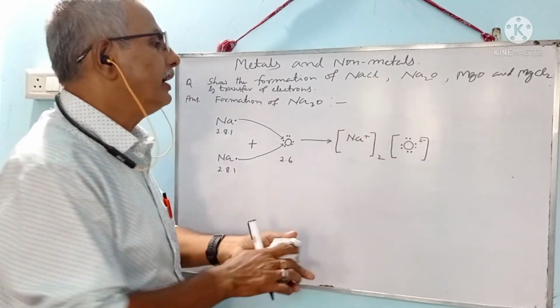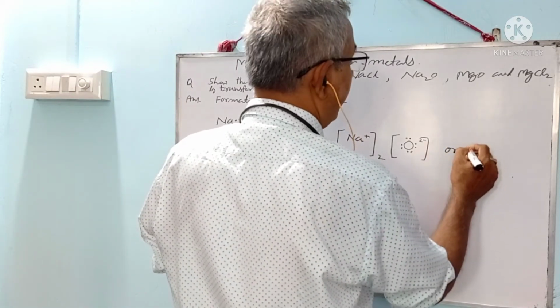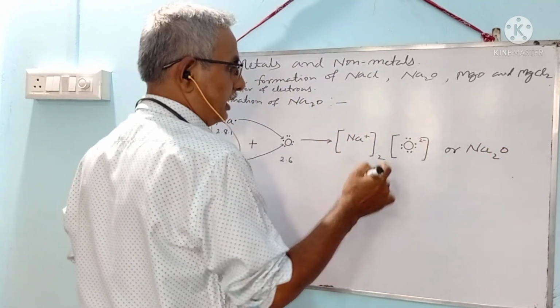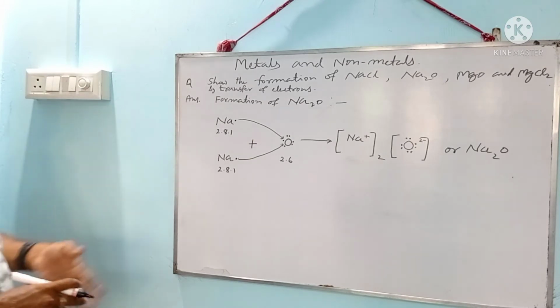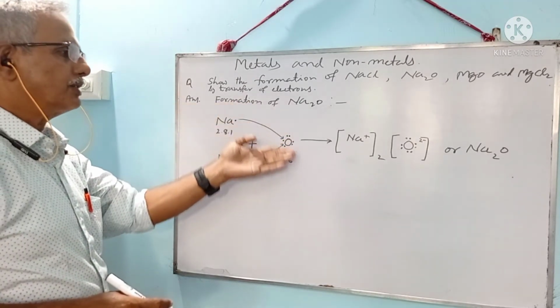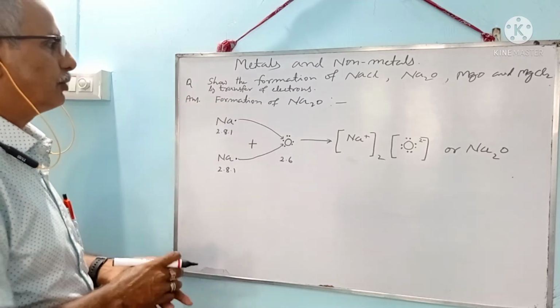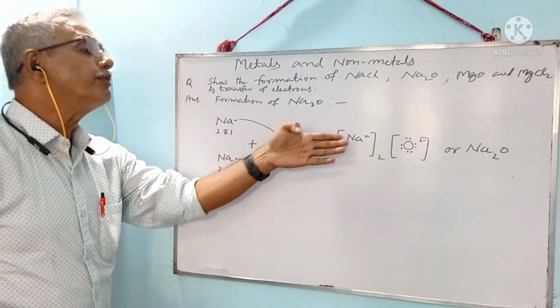So they combine or they form what? Or you can write Na2O because 2 atoms are there. In this way you are getting the formation of sodium oxide by transfer of electrons. Dear friends, what are the ions present here?